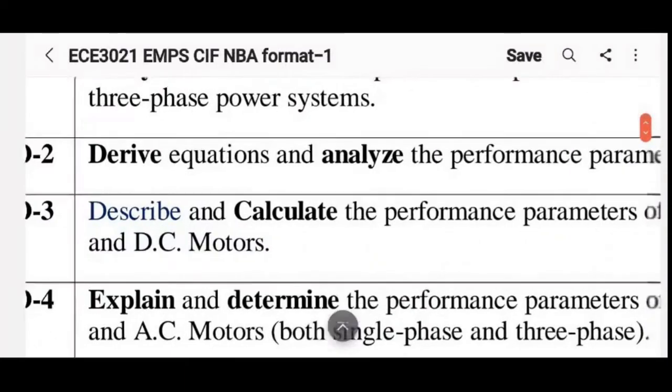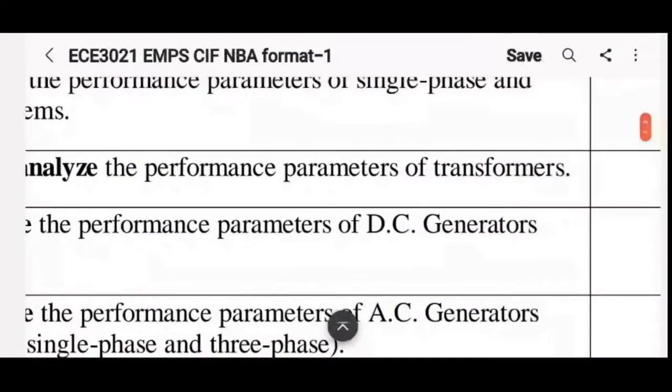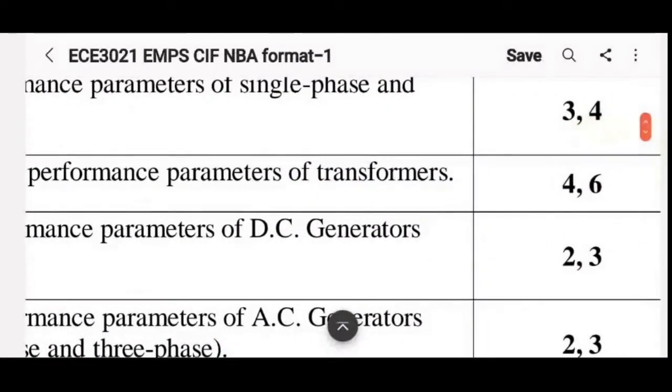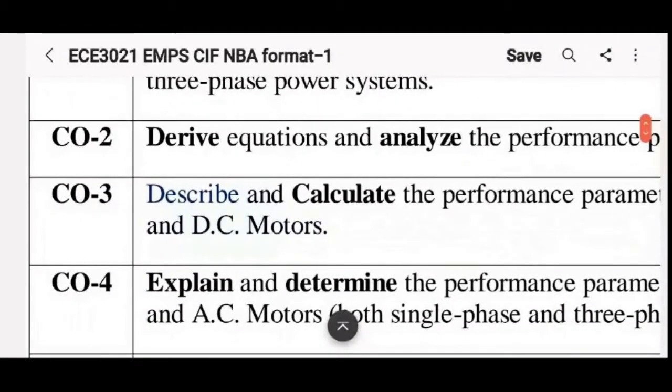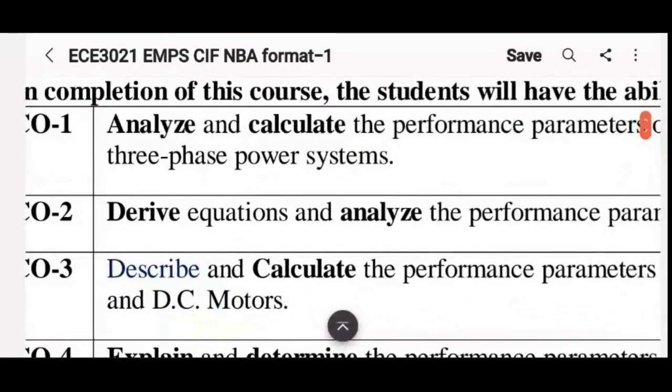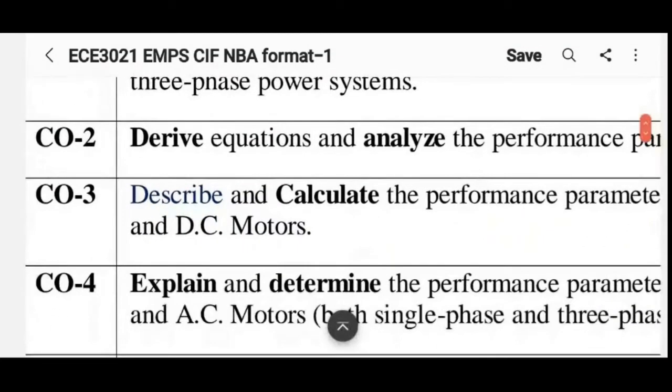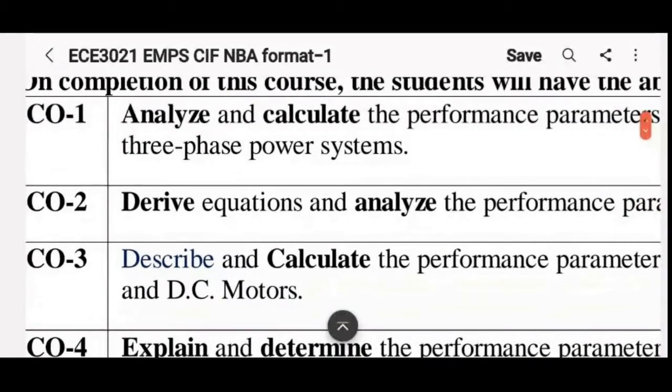There will be a lot of things that I will be speaking about when it comes to transformers. Normally, at the end of CO2, we end up in the midterm exam. So there will be around 20 lectures for CO1 and CO2 together.